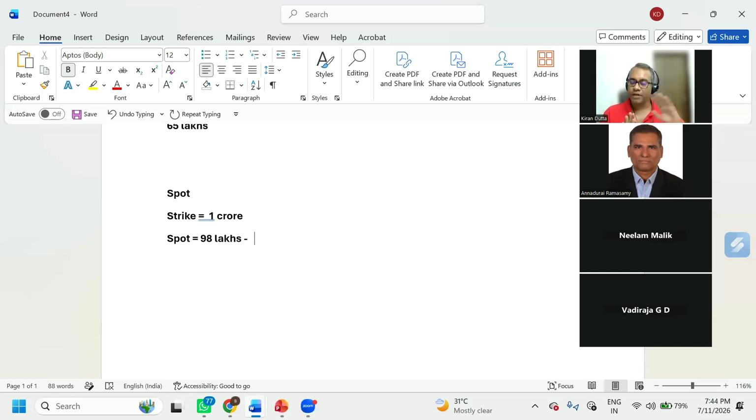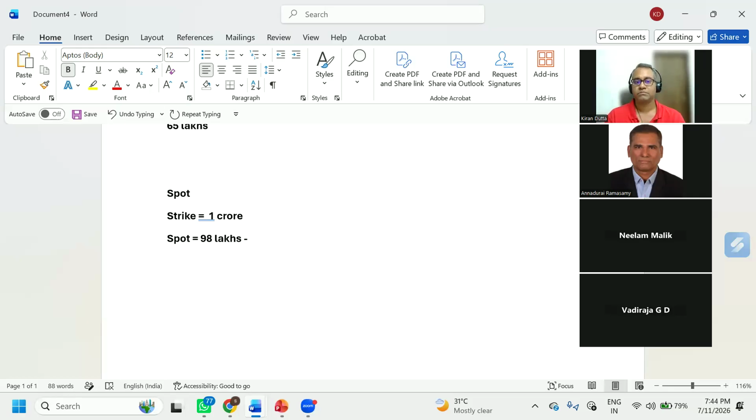Forget about the option part. I want you to think from the common sense angle. If the spot price today is 98 lakhs and I'm executing the transaction today, will I be in profit or loss?